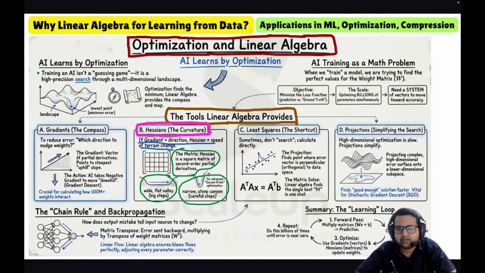Because of the Hessian, we can determine when to take big steps and when to take small steps.